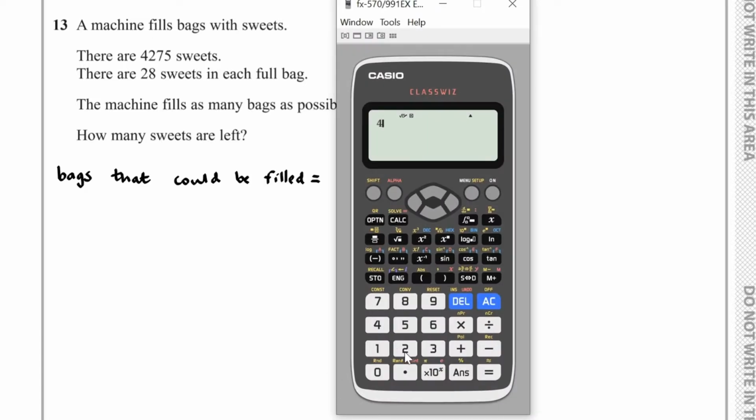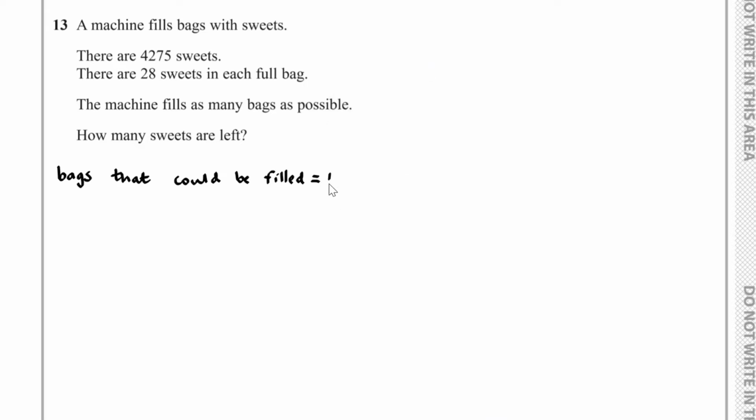we have 4275 divided by 28, which is 152.6. Okay, so this is approximately 152 bags. Okay, we can use this to find out how many sweets will be used.